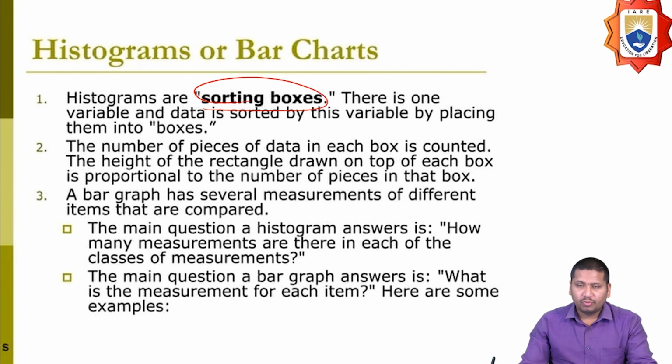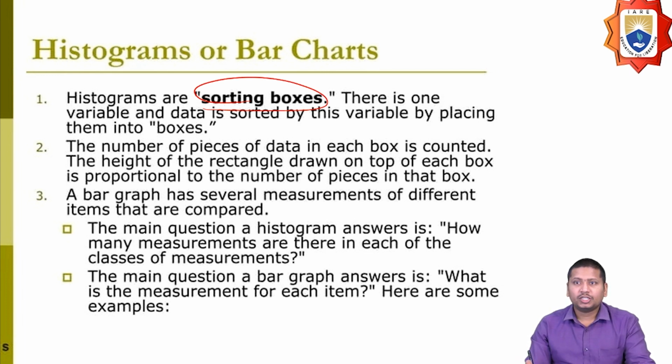A bar graph has several measurements of different items that are compared. The main question a histogram answers is how many measurements are there in each of the classes of measurements, and the main question a bar graph answers is what the measurement is for each item.